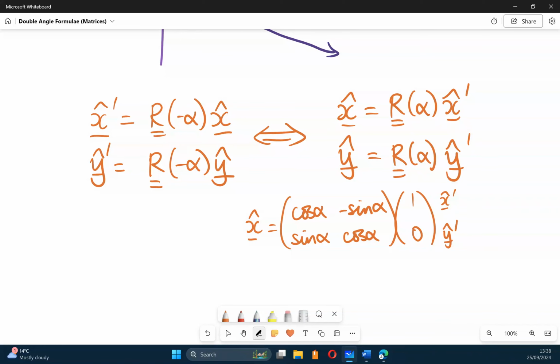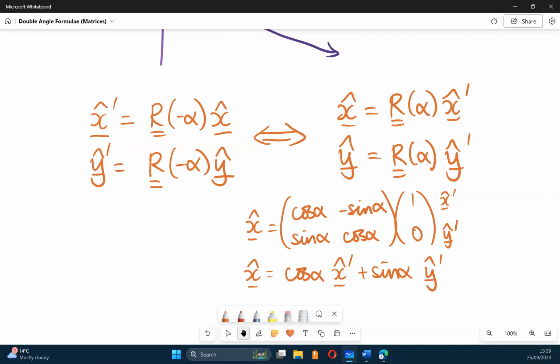And so what we get there is that x hat is equal to cosine alpha times x prime hat, and then we also get that it's equal to plus sine of alpha of y prime hat.